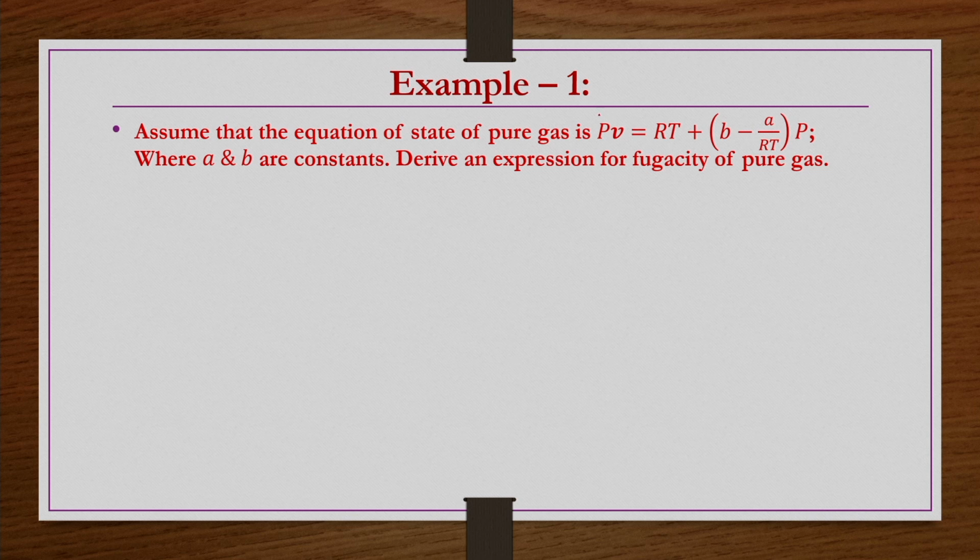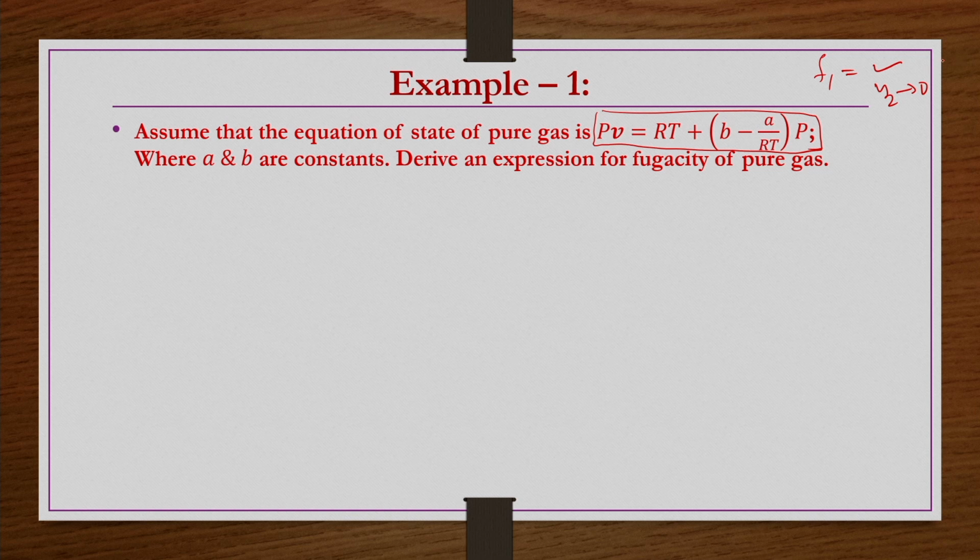Actually this is nothing but the van der Waals equation that we have already seen in the previous case, and these A and B are van der Waals constants. We derived f pure 1 by substituting y2 tends to 0 in f1. We got the f1 expression for the van der Waals equation, and then we substituted y2 tends to 0. If you remember, this has two exponential corrections.